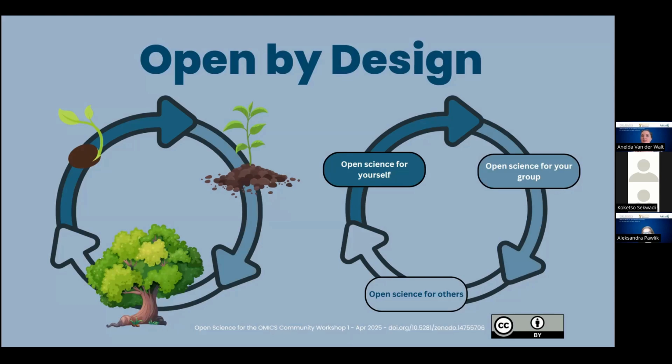So from the work that we've been doing over the past few years on open science, we realized that often open science is taught as this is good for other people. But we also understand that researchers have a lot on their plate, and doing extra work just for other people is sometimes a bit unreasonable to expect, but also simply you do not have that extra time to do something that will benefit someone else.